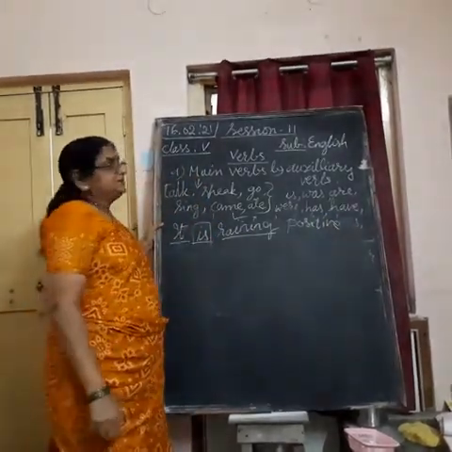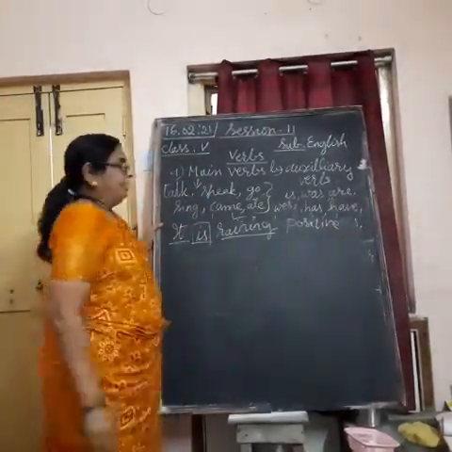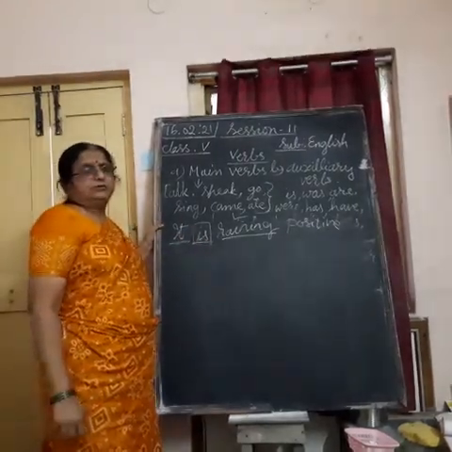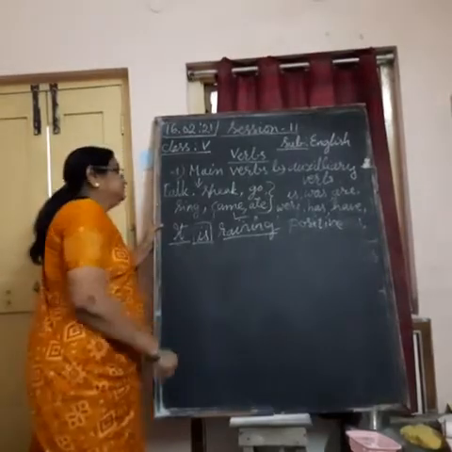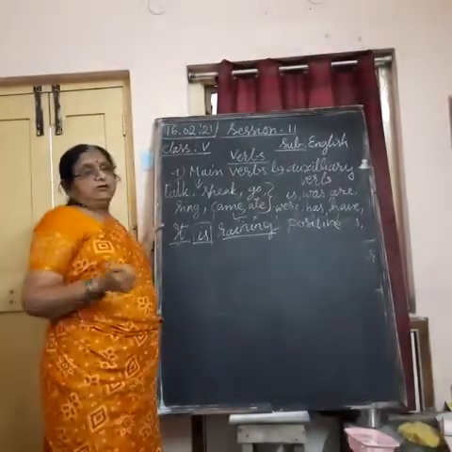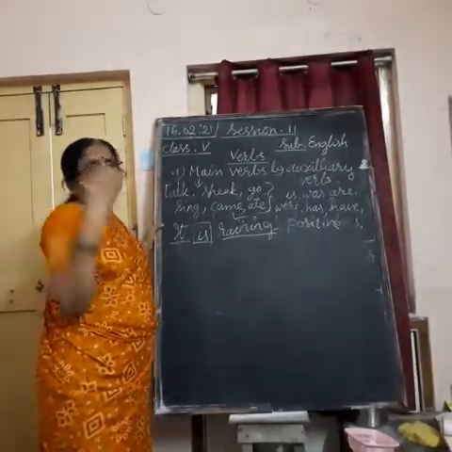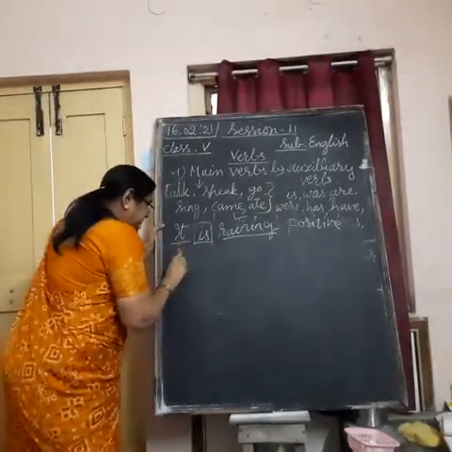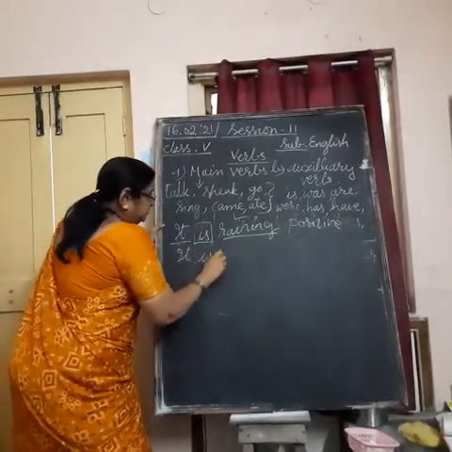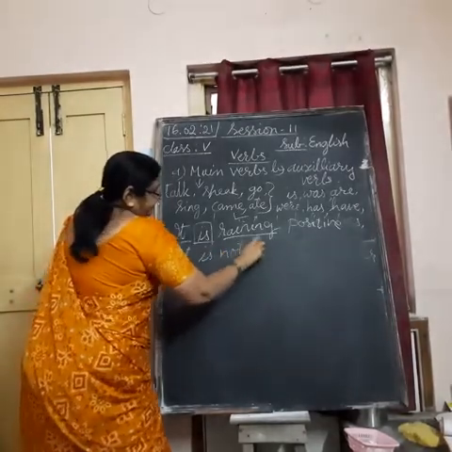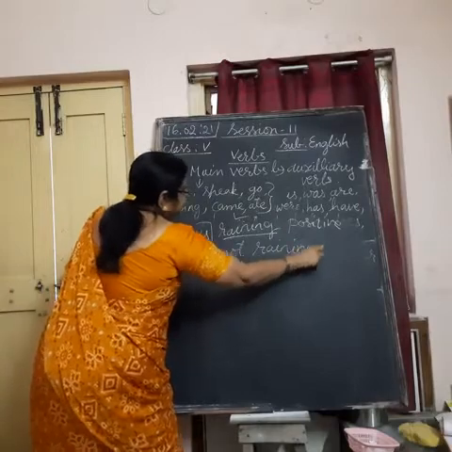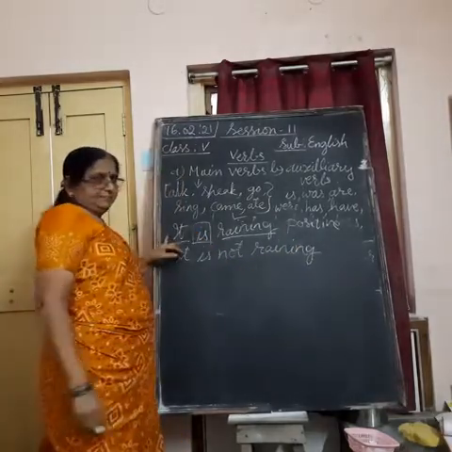How can we change it into negative? The "not" form is the negative form. "Not" or "no" means negative: "I have lot of time," "I have no time." "No" means negative. So, "it is not raining." "It is not raining" is the negative form of "it is raining."